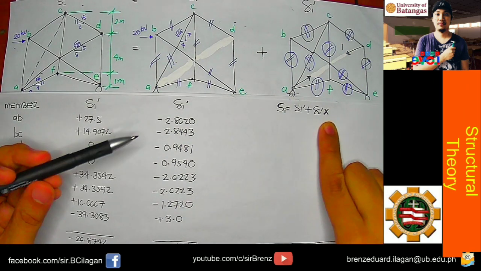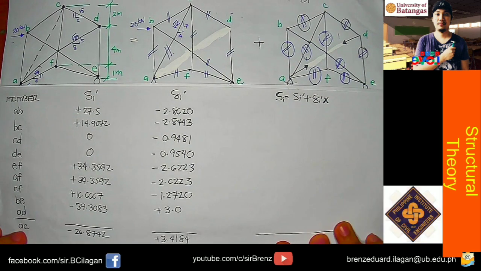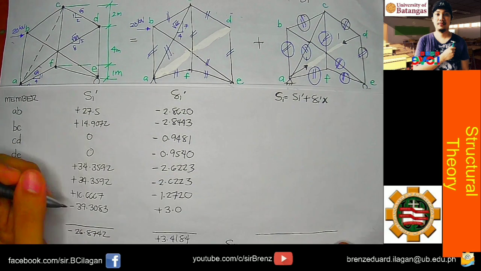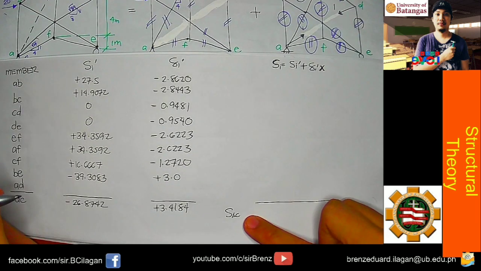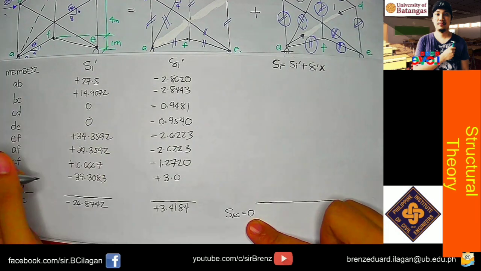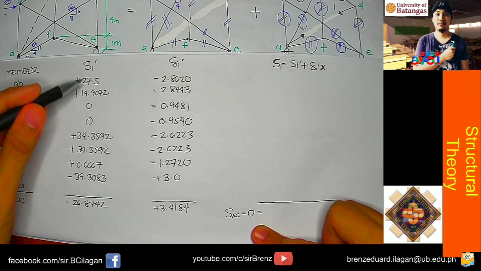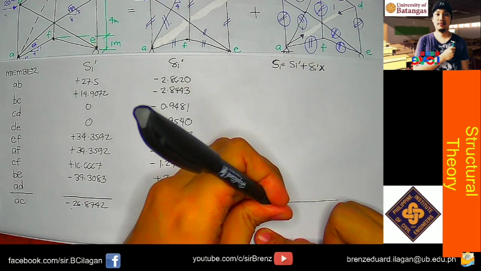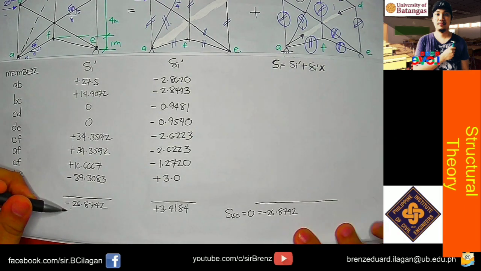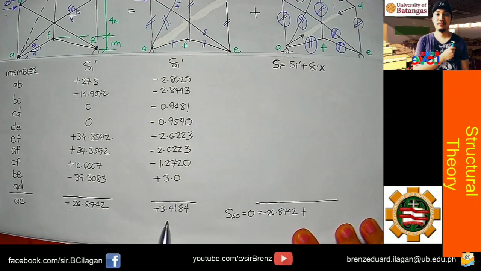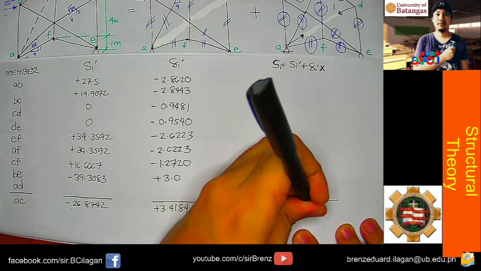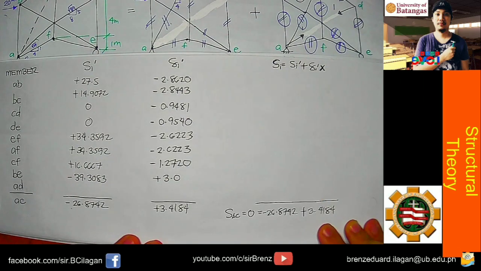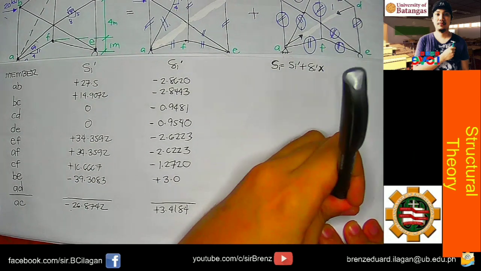Once you have tabulated that, the next step is member AC. Considering this equation, we know that member AC does not exist, so SAC equals 0, and it equals just SI prime, whose value is negative 26.8742, plus delta 3.4184 multiplied by x.